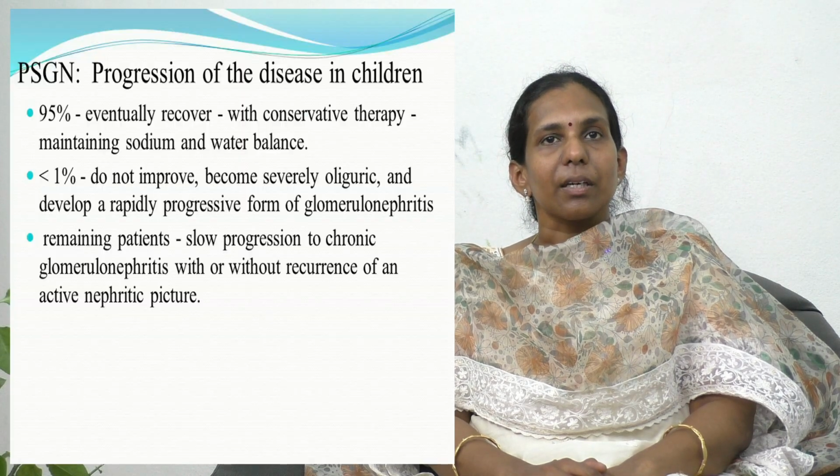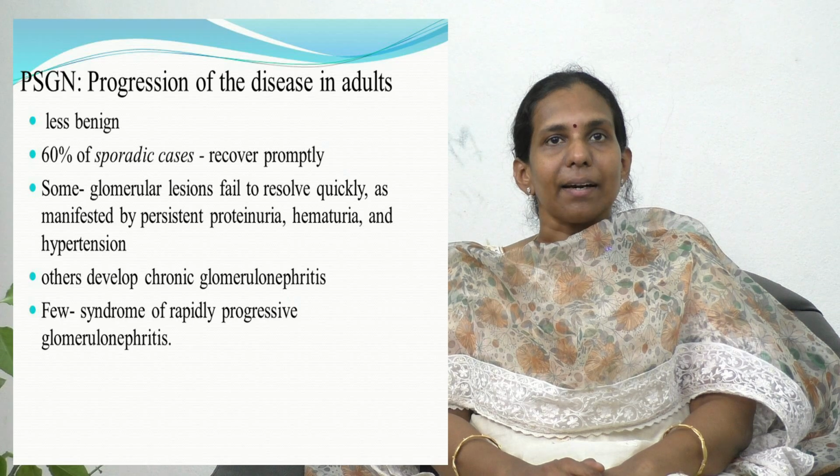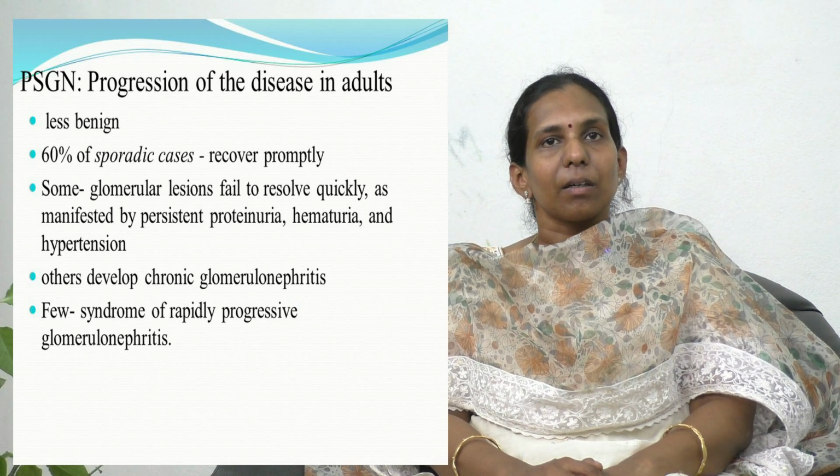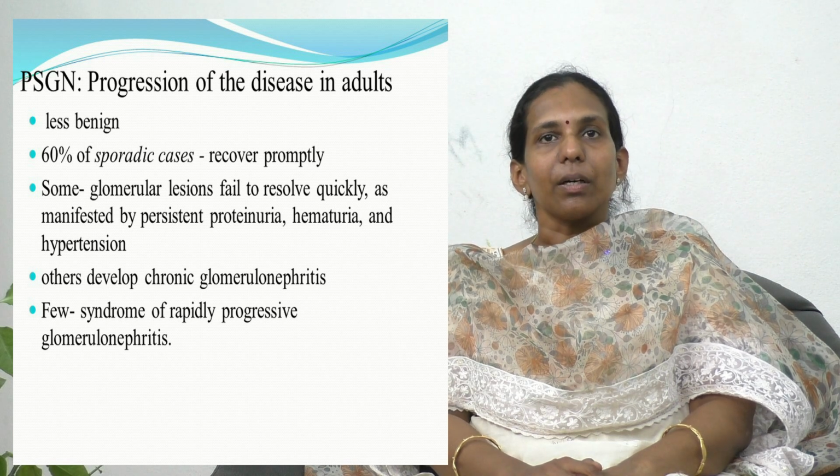Progression of disease in children: usually 90% eventually show good recovery, whereas in adults, only 60% recover well, and others go to chronic proliferative glomerulonephritis.